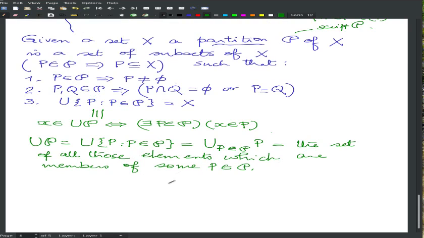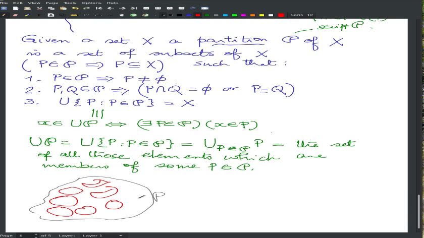If you want another picture, this is your script P, and its members are again several subsets. These are all subsets of X, so they have several members in them. This is the picture. This is some member x, this is some member y, and so on.